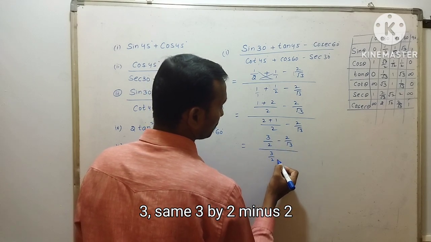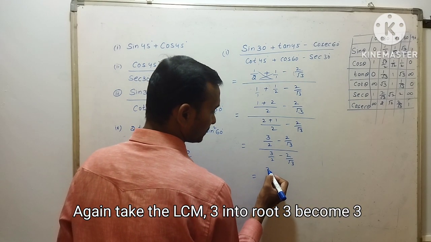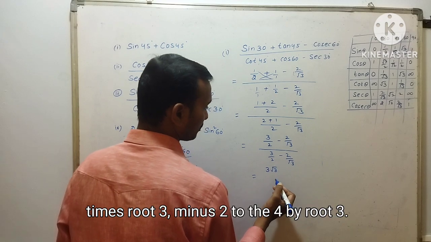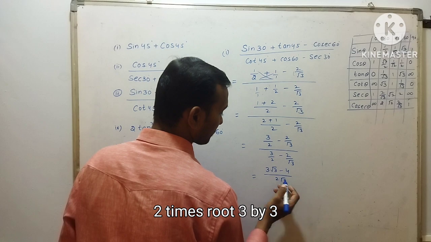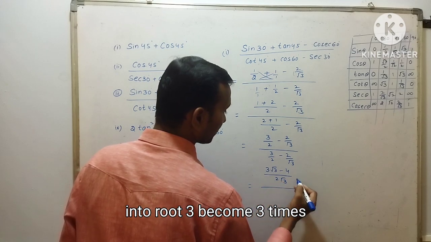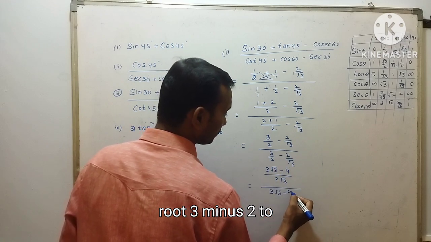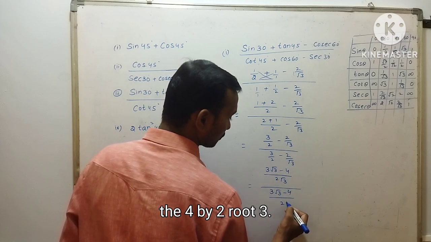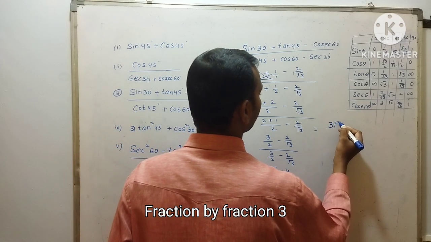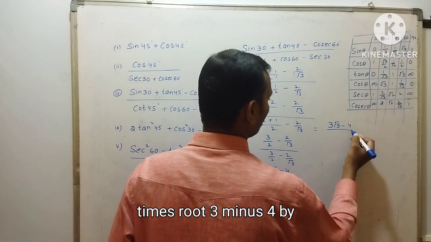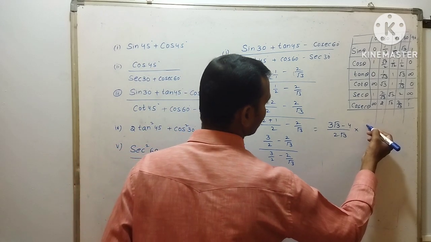Again take the LCM. 3 into root 3 become 3 times root 3 minus 2 into 2 is 4, by 2 times root 3. Fraction by fraction, 3 times root 3 minus 4 by 2 times root 3, take this denominator fraction to the numerator, it becomes reversed.